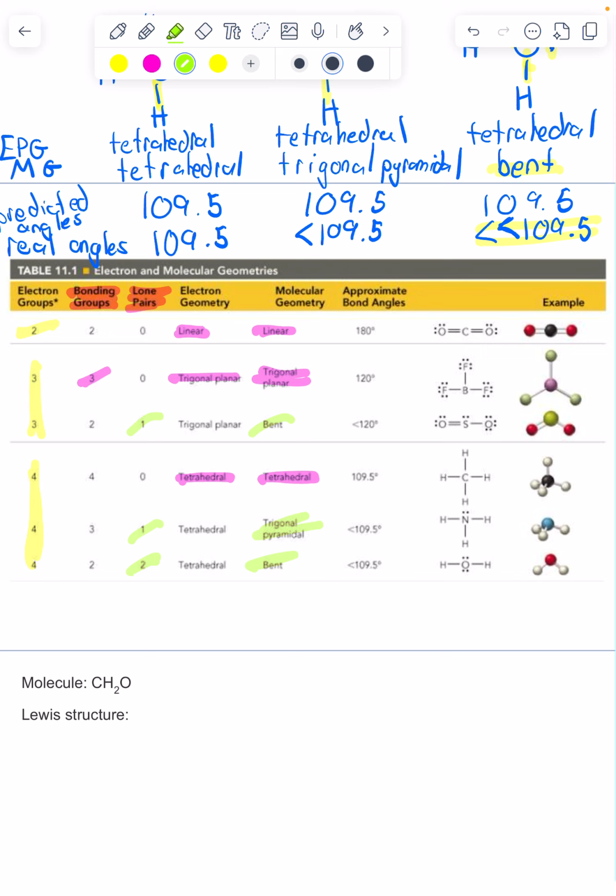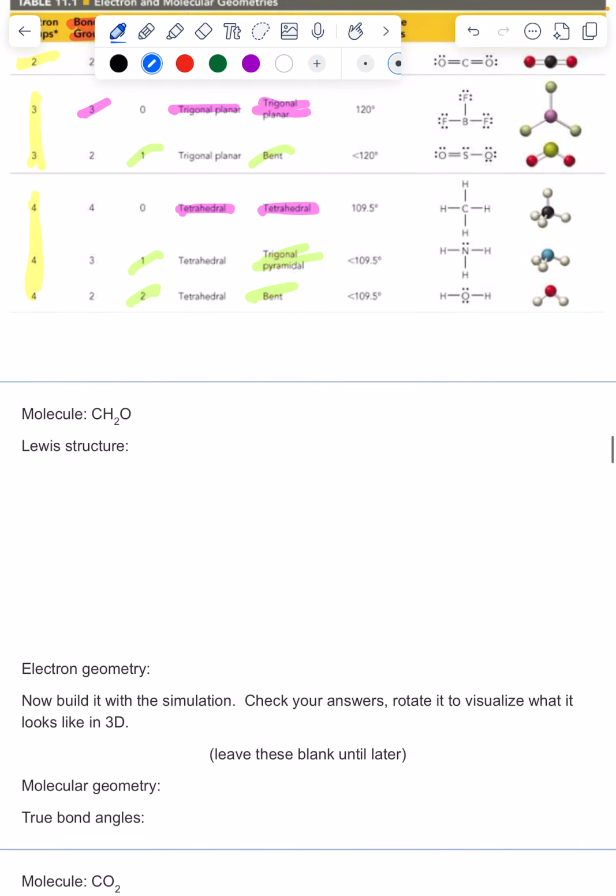Okay, so let's do these few examples first. Go ahead and pause, do the Lewis structure for CH2O, go ahead and try to assign electron geometry, molecular geometry, and determine the bond angles. And I want you to try to build it in the simulation and visualize what it looks like in 3 dimensions.